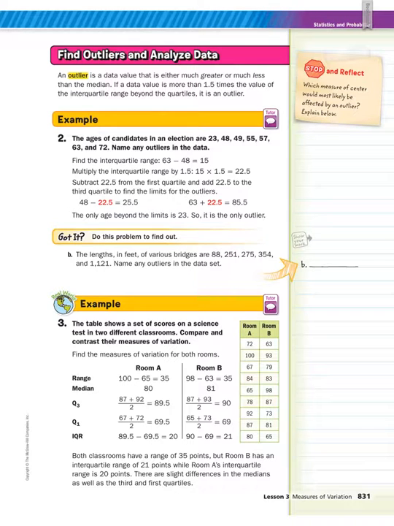All outliers. You are going to have a good time with outliers here. So, an outlier, we'll read the definition, is a data value that is either much greater or much less than the median. If the data value is 1.5 times the value of the interquartile range beyond the quartiles, it is an outlier.